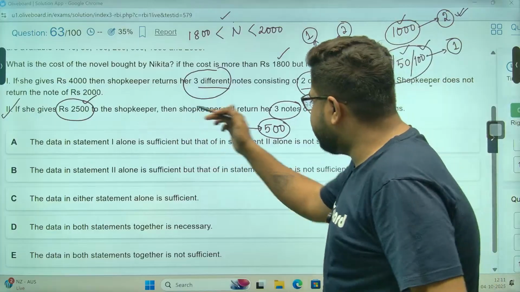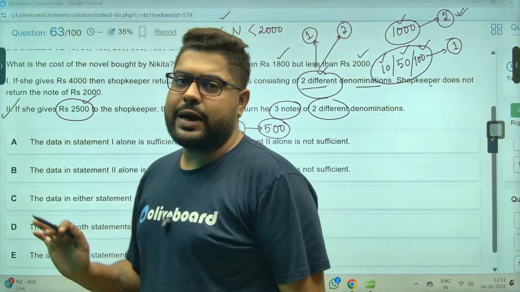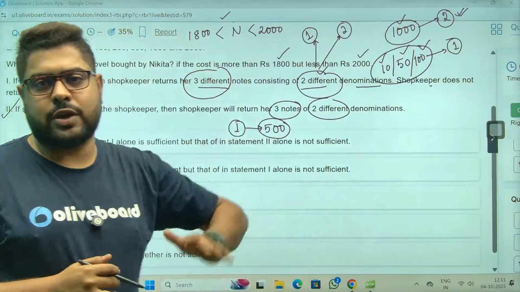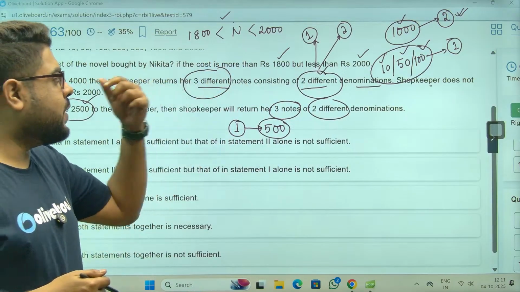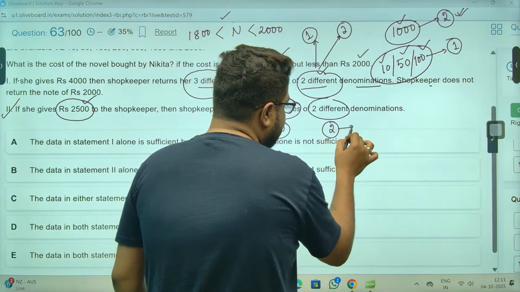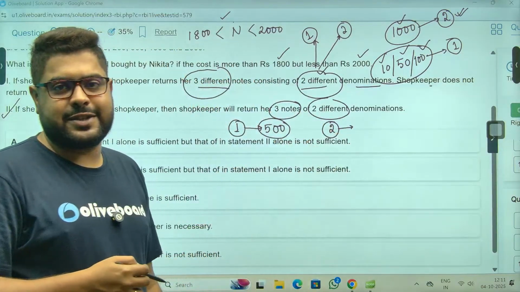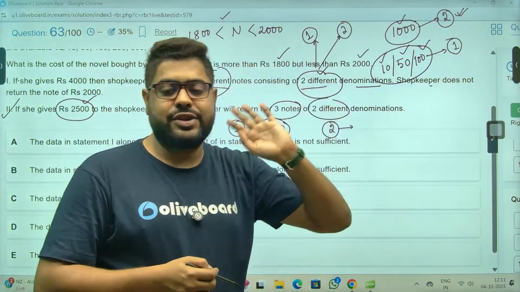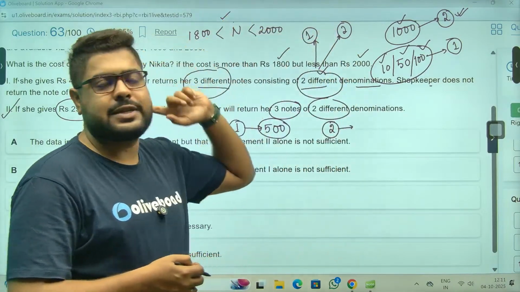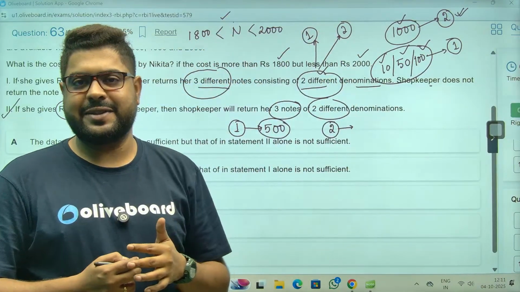So 2500 minus 500, the novel is now priced at 2000 rupees. Now again, two notes are remaining. Now you see, what denominations can the two notes be? I cannot even take hundreds, because two hundreds means 200, which means the novel cost is 1800, which is also not possible.